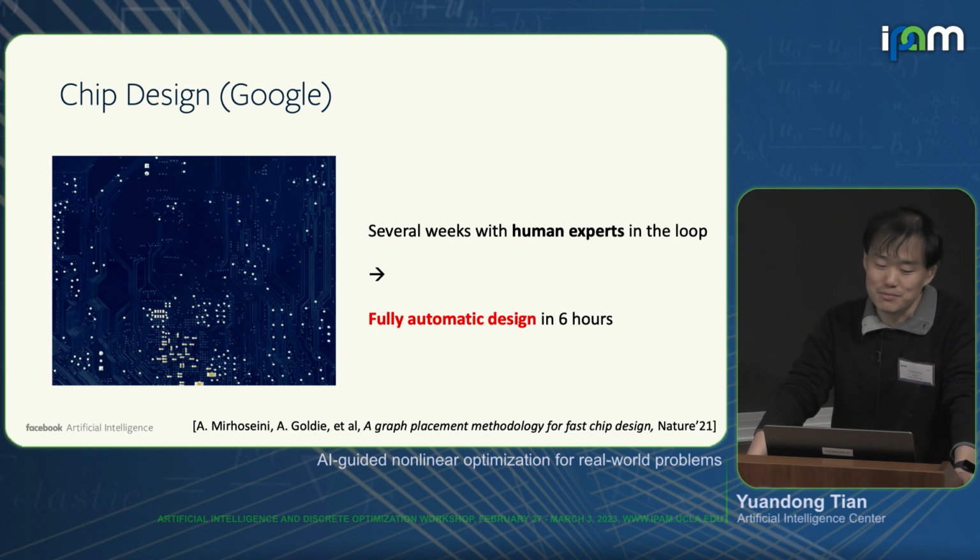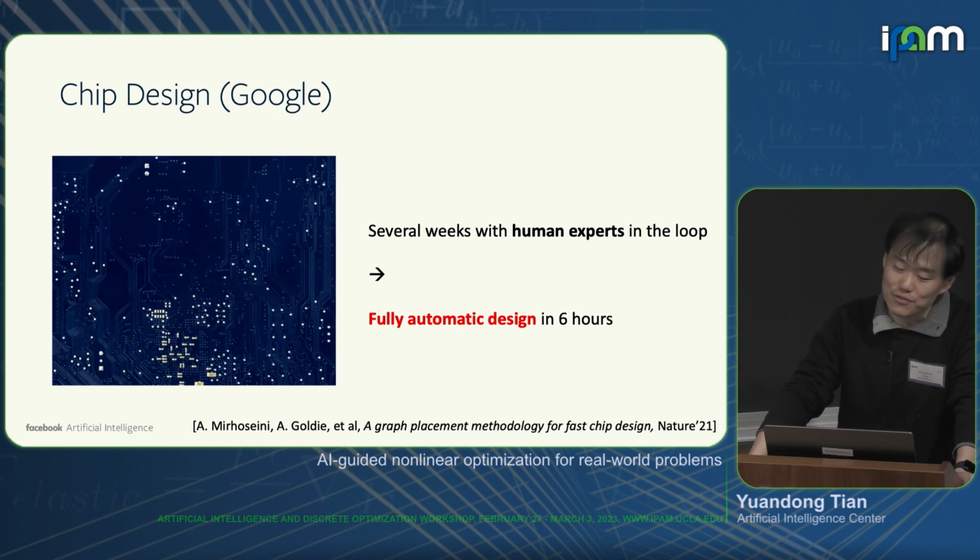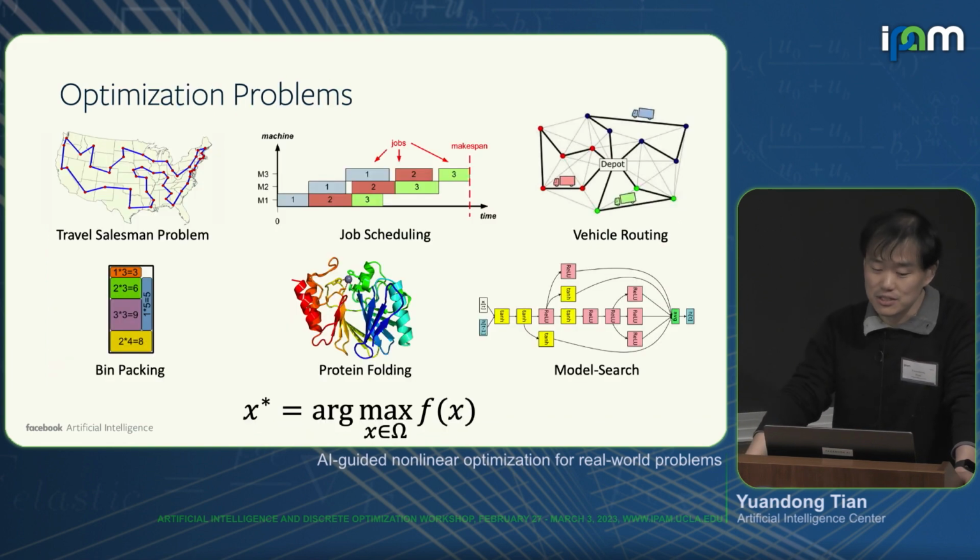In that paper, they show that it's possible to reduce several weeks of human expert work to a fully automated design in 6 hours. So this gives us inspiration that maybe you can apply any kind of search technique, optimization technique or reinforcement technique to optimization problems.